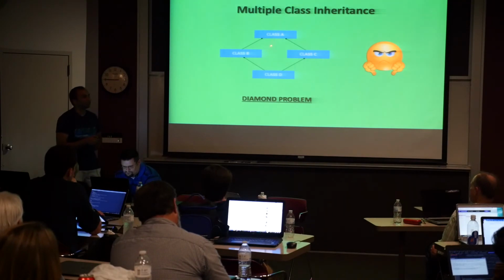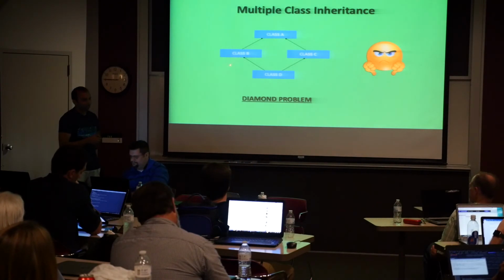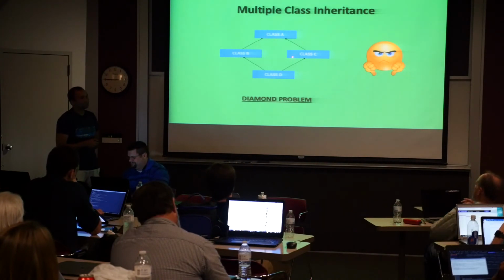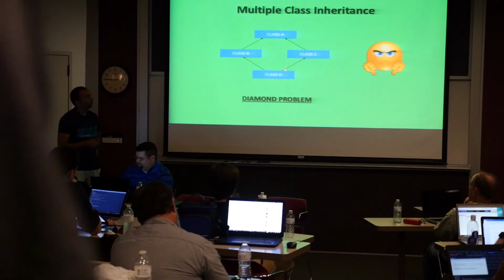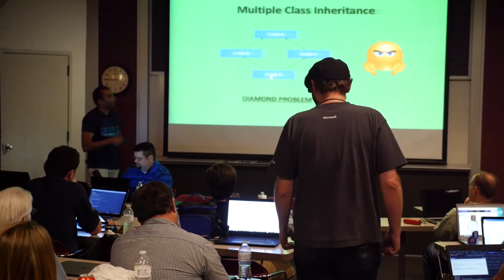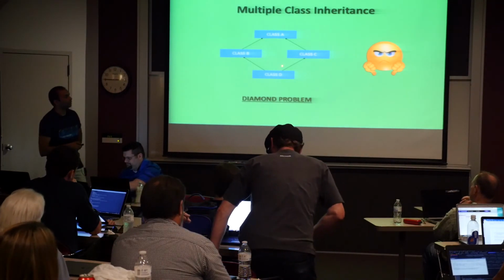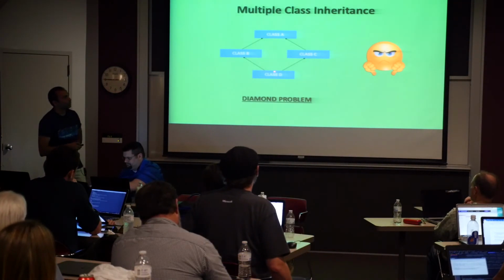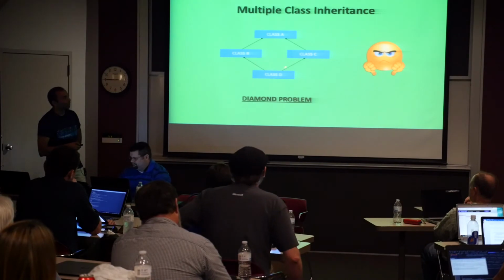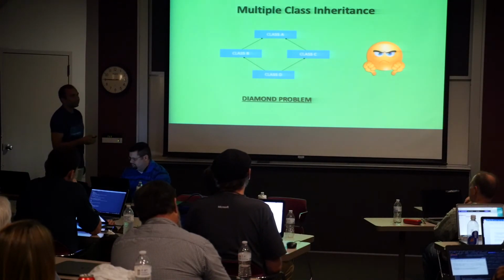It provides a default implementation to a particular functionality, and which has been overridden in class B separately and in class C separately. Now, if in class D I'm trying to call the method in class A, class D doesn't know whether it needs to take the functionality which B has implemented or C has implemented. That's the whole problem with multiple class inheritance.